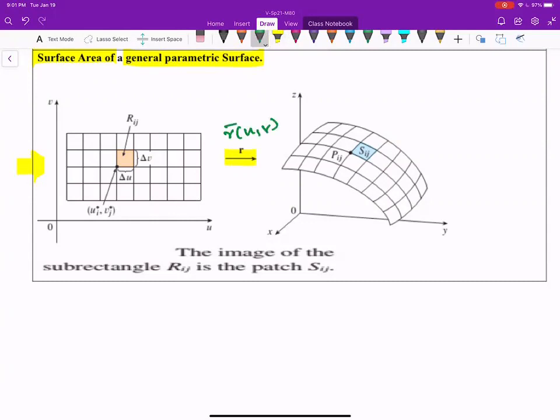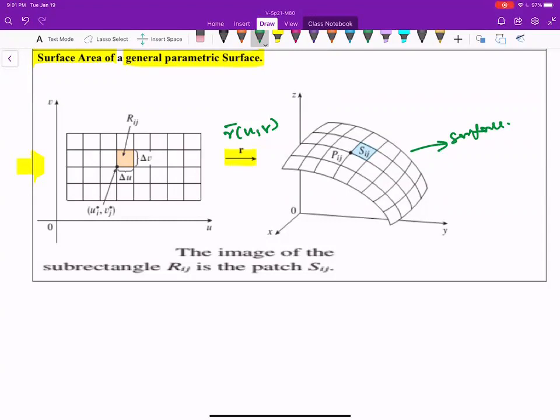So this left-hand side is the parametric domain in u and v, and the right-hand side is the surface. Each subrectangle gets transformed to a patch. The image of this Rij is a patch Sij, one patch of the surface.